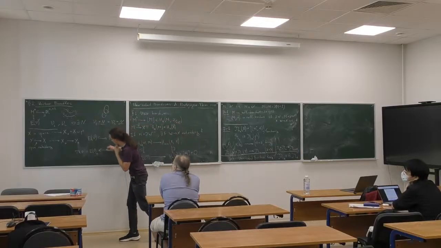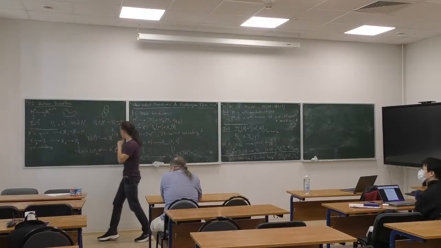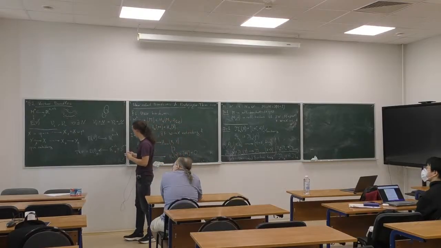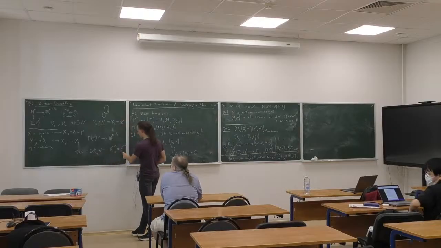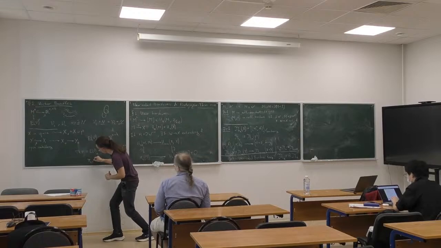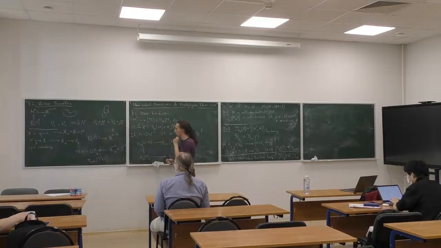So we see that whenever we have a normal bundle on M, we automatically get an element of pi_(n+k) of the Thom space of nu, right?